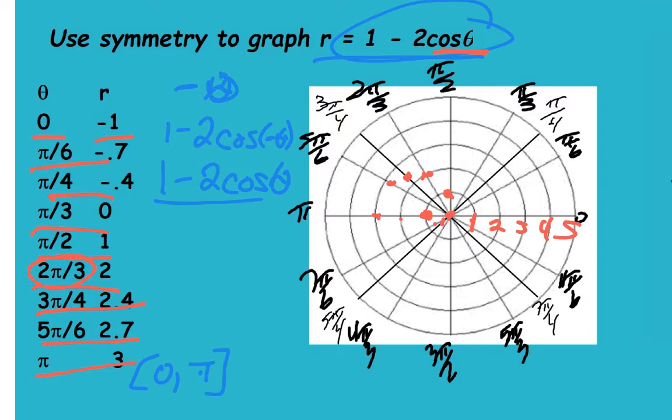Now, symmetry says that it's going to repeat itself on the other side. So I'm just going to use symmetry to go through and plot. I think I just messed that up. Yeah, a little bit there. So it's easy to do. Sorry, guys. Hopefully you'll be a little better at this than me. There we go.